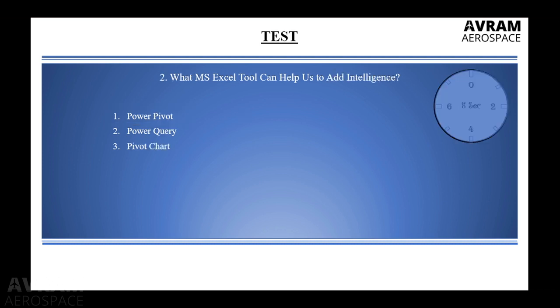2. What Excel tool can help us to add intelligence? Power Pivot, Power Query, Pivot Chart. Correct answer is Power Pivot. 3. What Excel tool can help us to transform data? Power Query, Power Pivot, Pivot Chart.